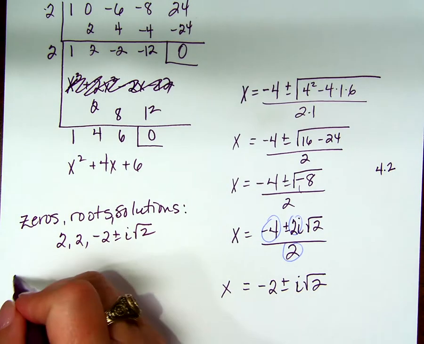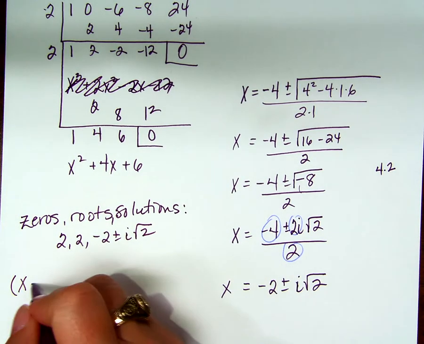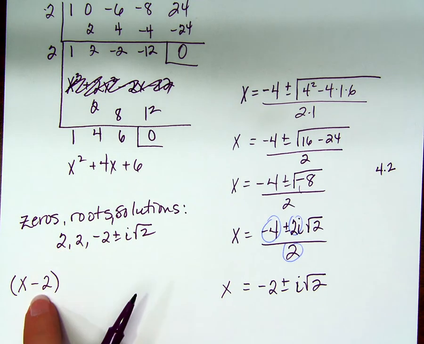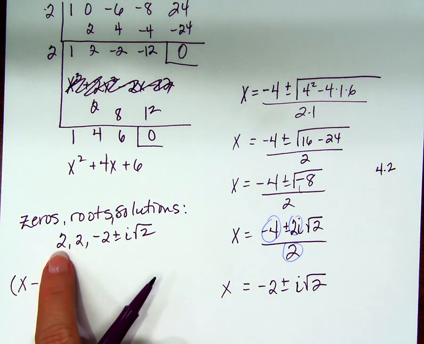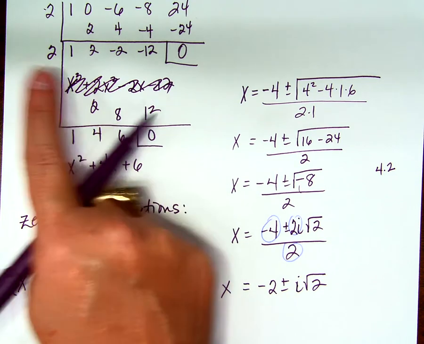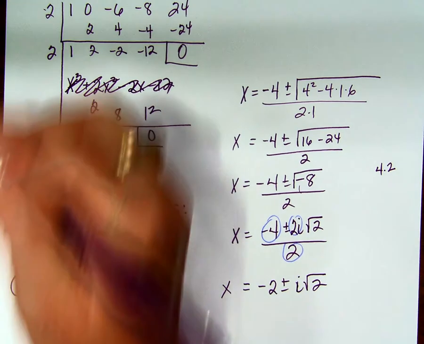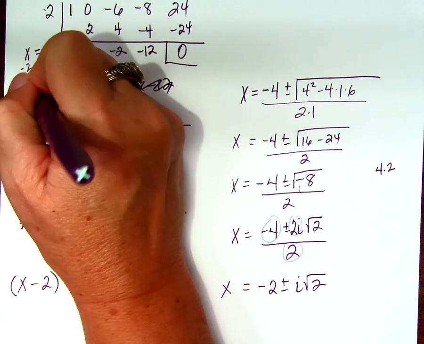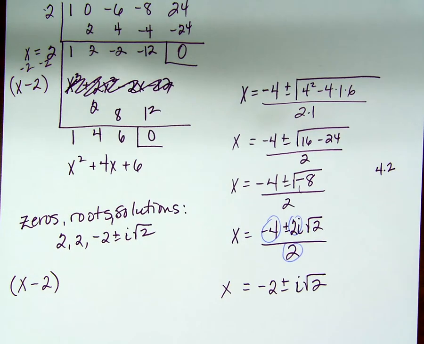Then if it asks for the factors of that, you have to remember to do that. How are you going to remember to do that? Yeah, that's the number that goes on the outside of the synthetic division. So the factor it came from is the opposite sign of that. Or if it's x equals 2, we have to subtract 2 from both sides to get the factor. Remember that?